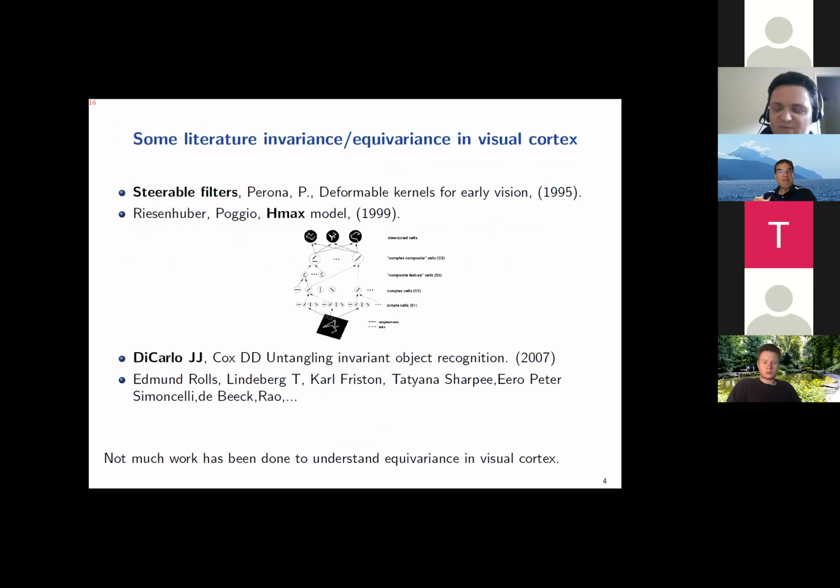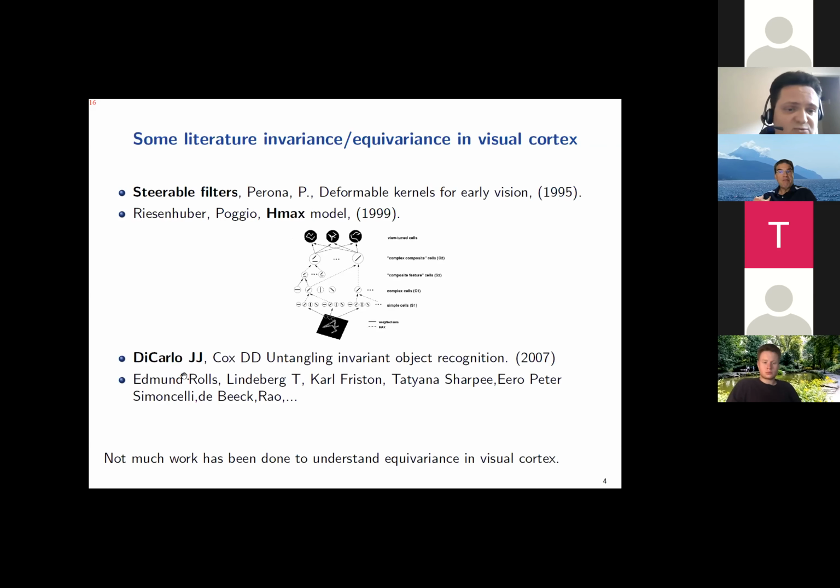I just want to recall that there has been, of course, a lot of work about equivariance and invariance in neural networks, but also in the domain of neuroscience. I just want to recall a couple of papers here without pretending to be complete in any way. So the work about steerable filters of Verona in 1995 and the HMAX model in 1999, which somehow have in their own construction some principles of invariance and equivariance.